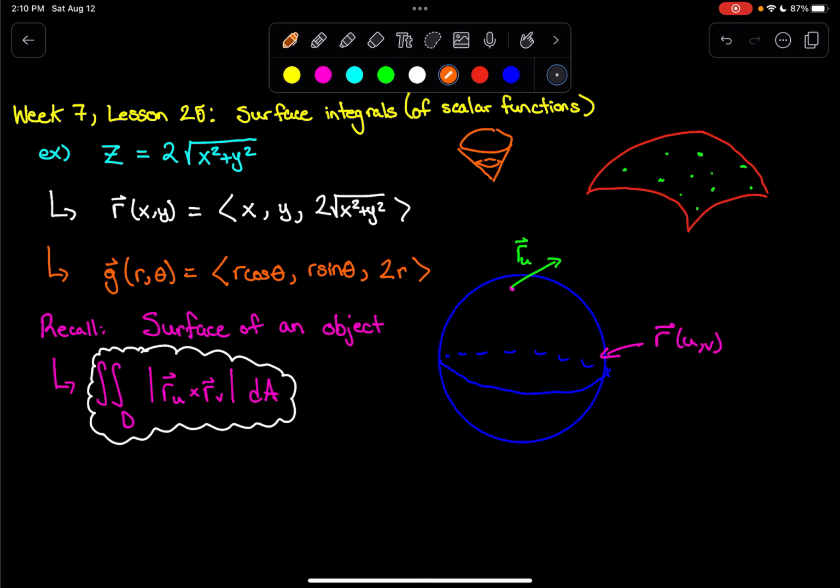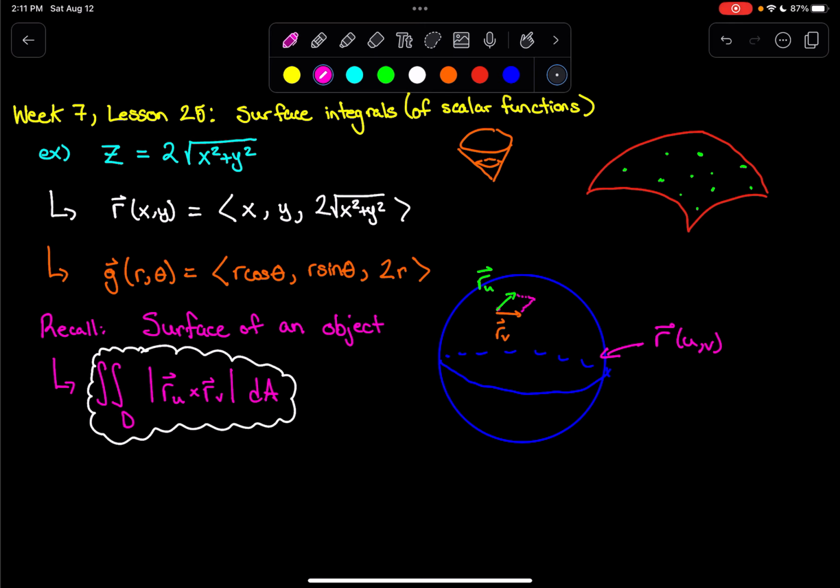We can come up with another tangent vector r sub v. And on a microscopic scale, if I tone those drawings back just a little bit, there's my r sub u, and here is my r sub v.